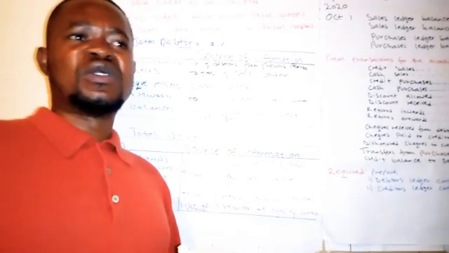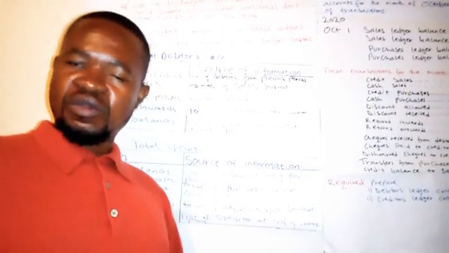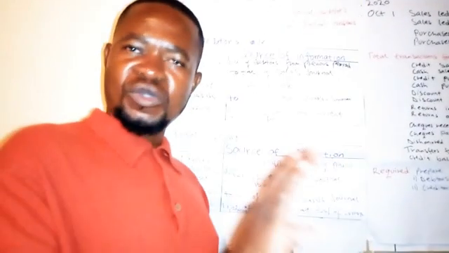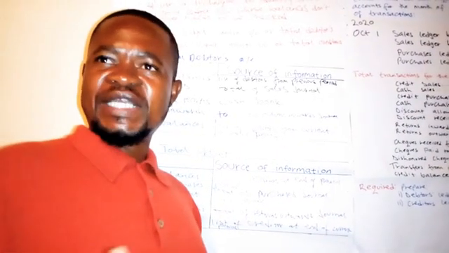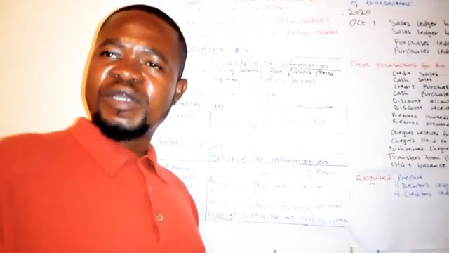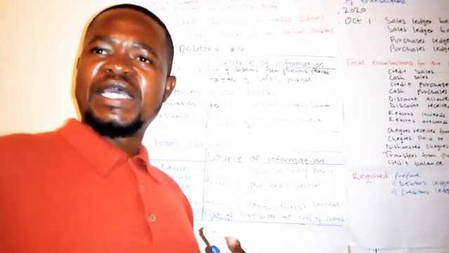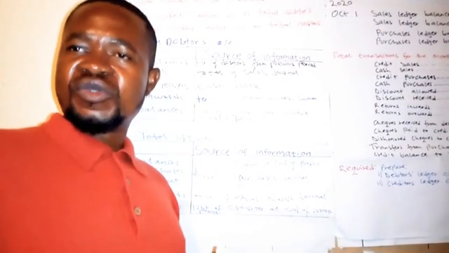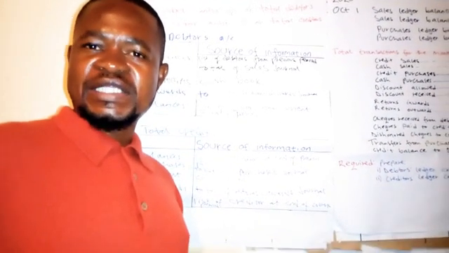That is a normal situation. Whenever you're faced with such a question, take it easy, follow what you have been given, and look at the instructions. So now let us see how we can prepare both a total debtors account and also a total creditors account.